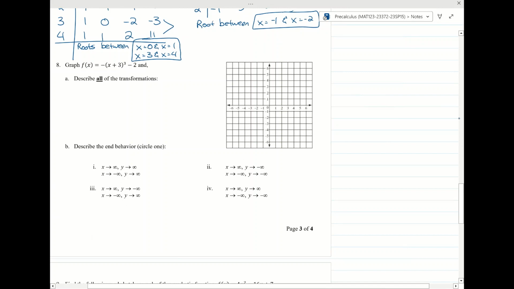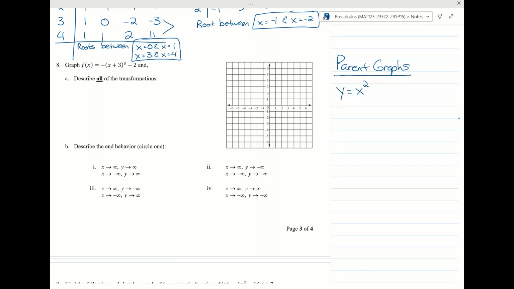We have what are called parent graphs. Parent graphs just tell you what the shape of the graph looks like. So if you have y is equal to x squared, the graph is going to look like a parabola. If you have a square root, the graph's going to look like a hook. X to the third, the graph looks like this.